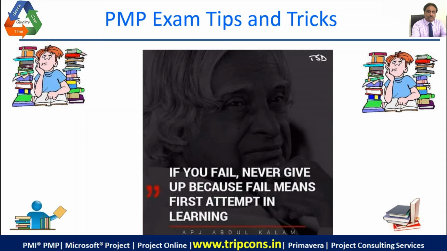So never expect that if you've seen a question outside, it might come up. There are hardly any chances of a question that you have known coming up. PMI doesn't want you to pass the exam because you know the questions. They want you to pass the exam because you know project management, right? That is the purpose.